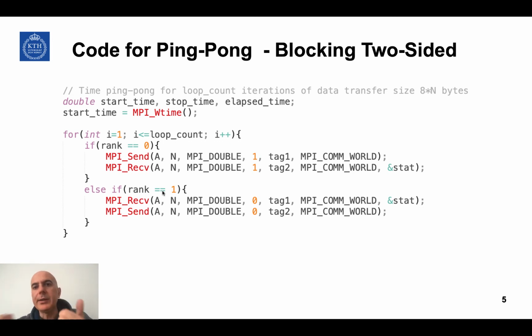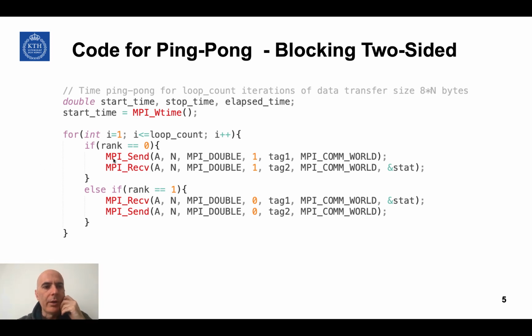We also make several tests, and we calculate for each of these iterations what the ping-pong time is. In this case, for instance, we have a loop count that is the number of tests, and for each iteration we divide what rank 0 and rank 1 do.